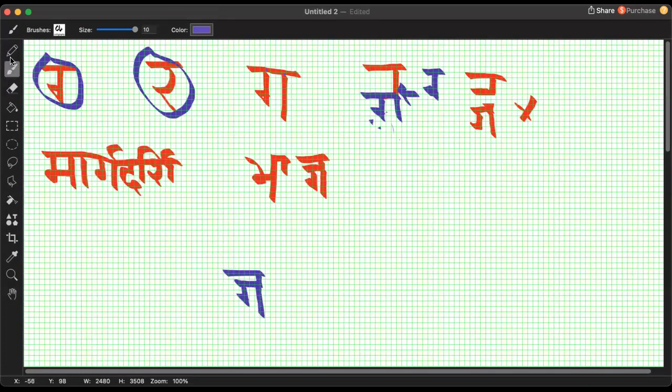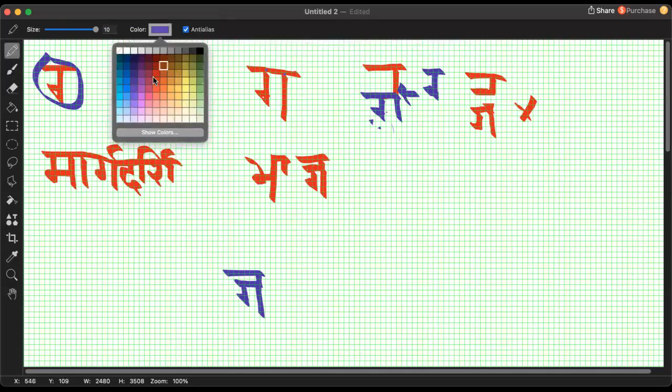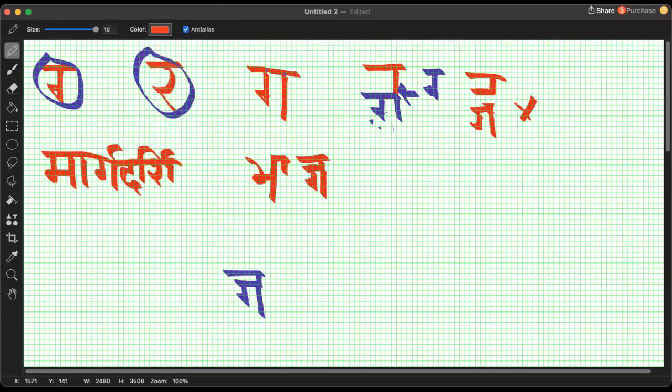If you're writing a conjunct with row, only with row, this particular portion will vanish. You're using only this very small danda here, and right below this, I'll add a go.